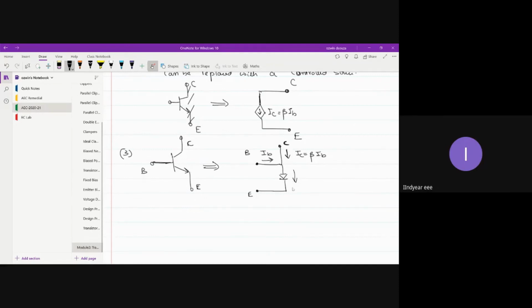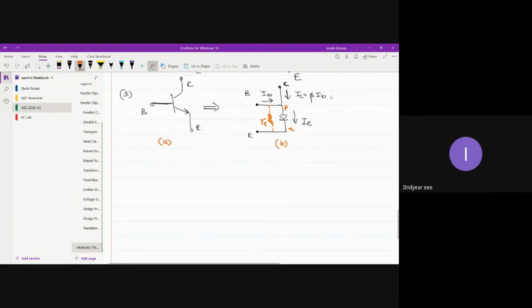Through the base terminal, base current IB flows, and through the emitter terminal, emitter current IE flows. The PN junction diode, with its P layer and N layer, can be replaced with a resistance RE.